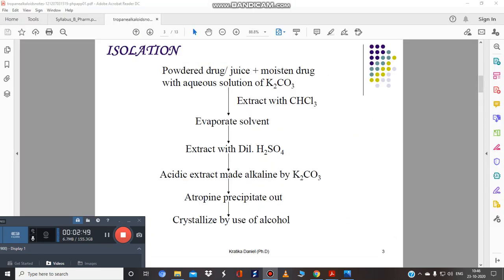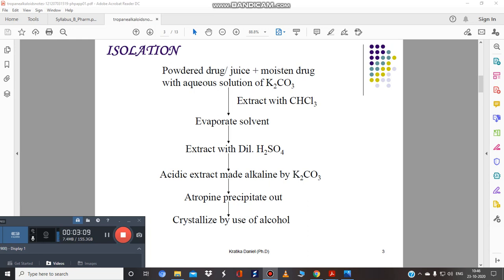So you add a basic substance, it frees your alkaloid, then you extract with chloroform, and then you evaporate your solvent. We know alkaloids are somewhat soluble in chloroform.